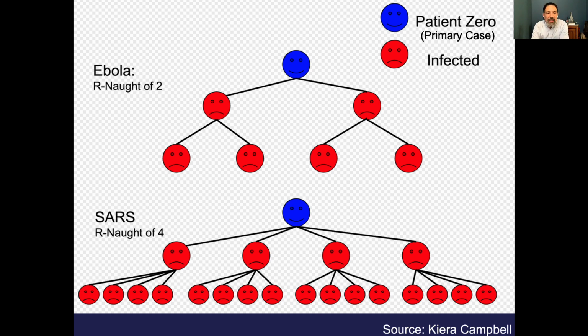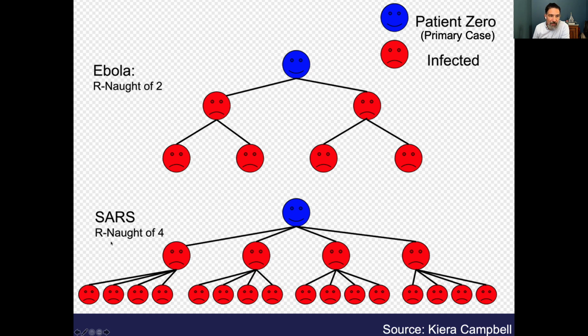And this gives you a sense of how the transmission, how epidemic spread can be faster from one R0 to the next. So here we're showing on the top the primary case of Ebola, say, or patient 0, and with an R0 of 2, Ebola, this person would go on to infect on average 2 people, and they in turn would go on to infect 2 more people. So by wave 2 of transmission, there are 7 cases that have amassed in total.